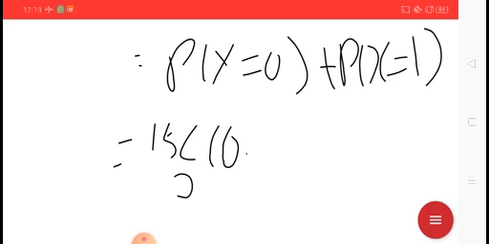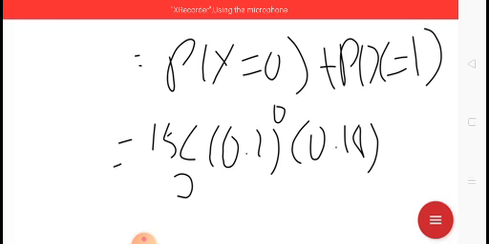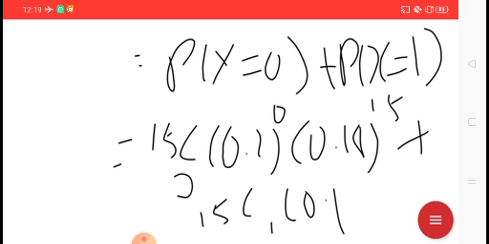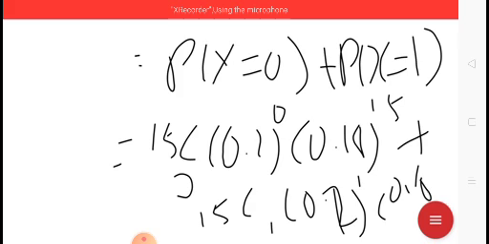15C0, 0.20, 0.18^15, plus 15C1, 0.21, 0.18^14. So you can calculate this value.